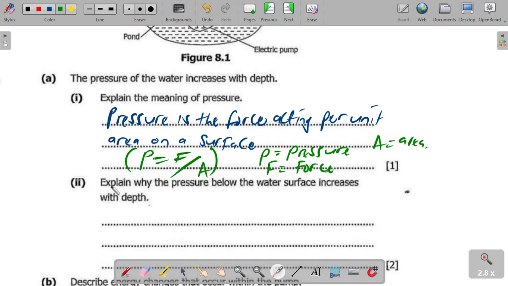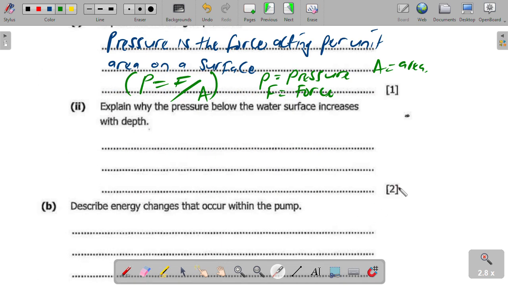Second part of the question: explain why the pressure below the water surface increases with the depth. How many marks? 2 marks.